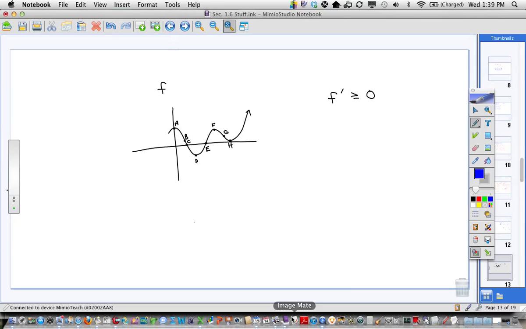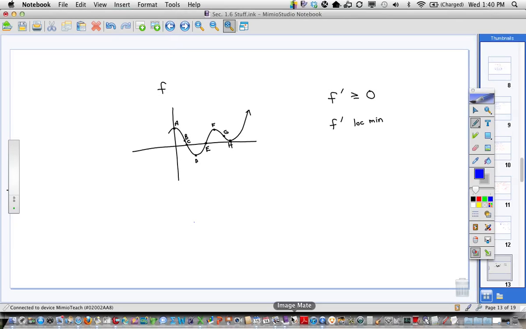Go. D to F, H to infinity, and that little piece there. F prime is positive when F is increasing. Okay?